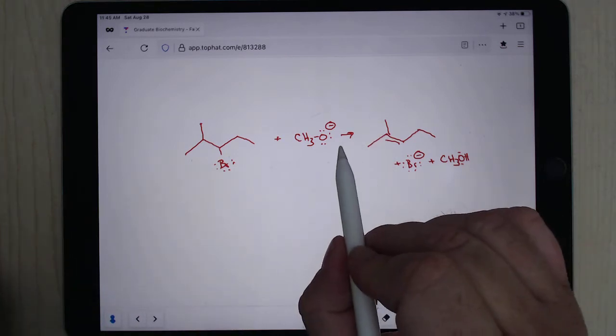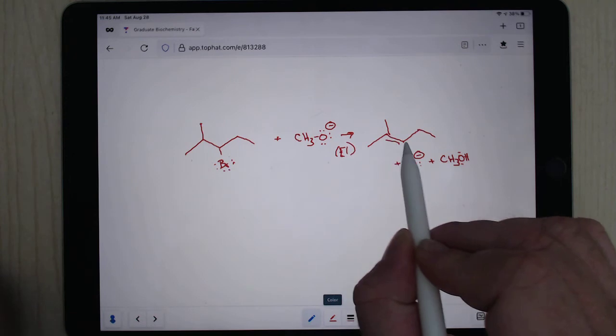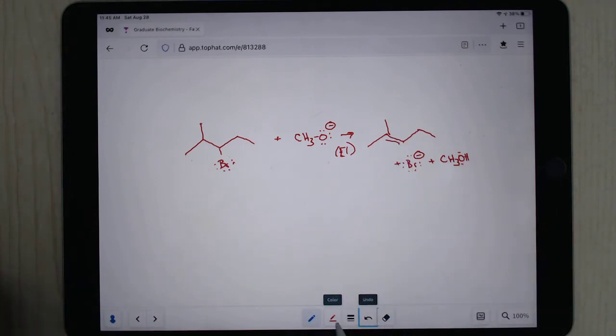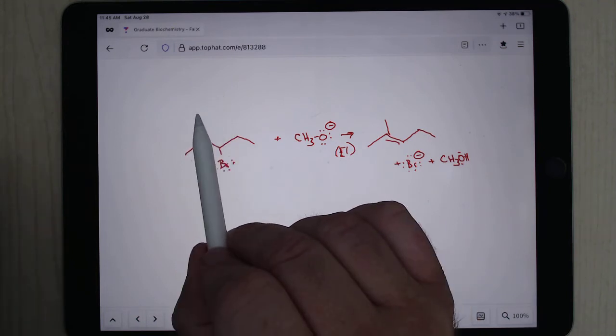And this is going to be an E1 reaction. It may not necessarily seem so obvious here, but I'll show you. We're going to walk you through it. So the first thing you're going to want to do before you do any mechanism is draw on those hydrogens.